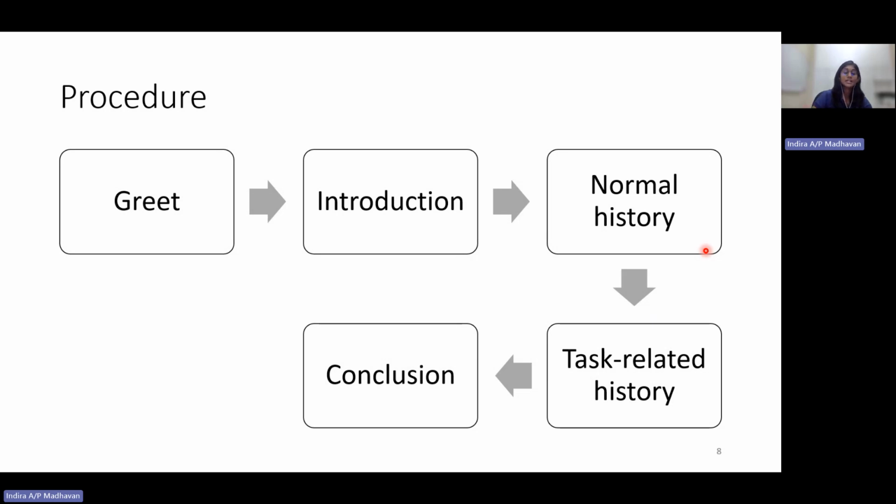And then you ask the patient, do you want to let me know if I understood any of your complaints wrongly, or if I missed out any complaint? Then the patient will either add a complaint or say that no, you understood this wrongly.